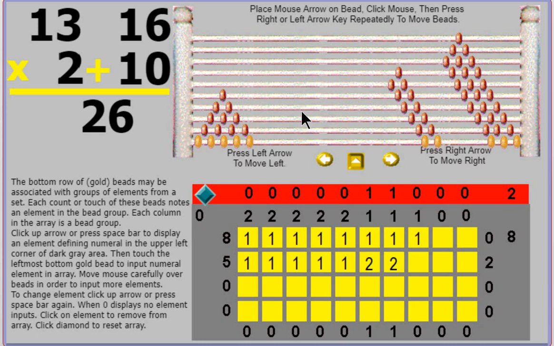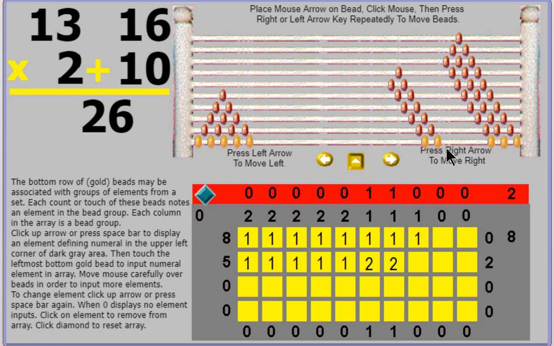So that shows me now that I have 2 inner products from my multiple of the base, so I get 2 times 8. 2 times 8 is 16.